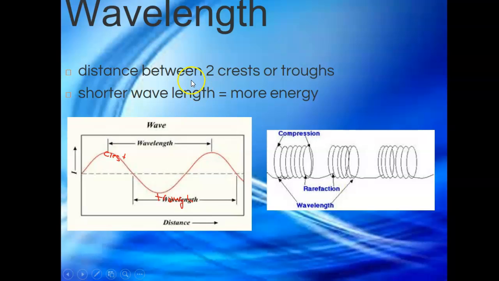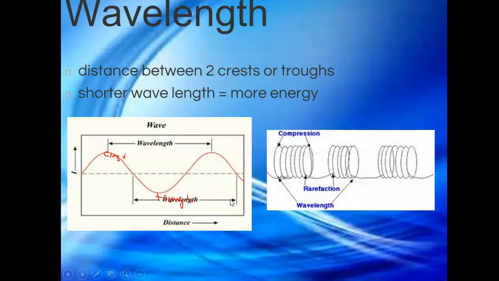Wavelength is another property of a wave, and it describes the distance between two crests or troughs. Crest to crest is the wavelength for this transverse wave. Trough to trough is the wavelength, again, for this transverse wave.